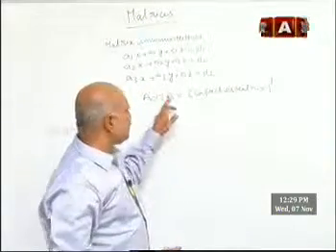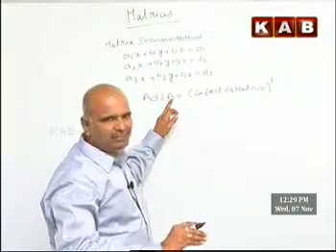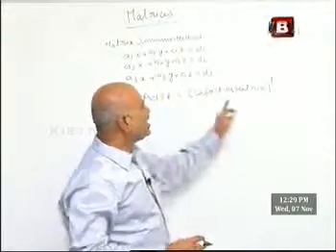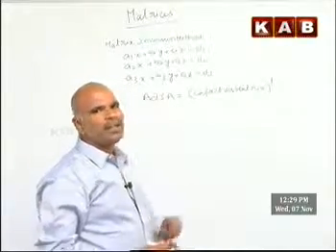That means in the matrix A, every element is replaced by its cofactor and then it is transposed. You get the adjoint A.